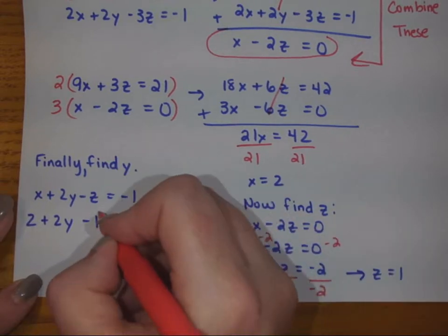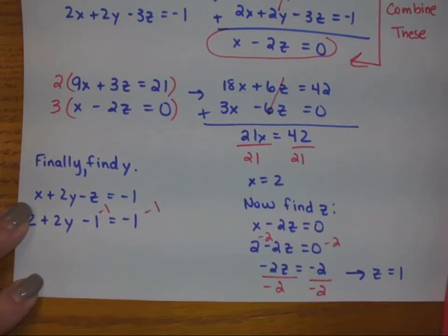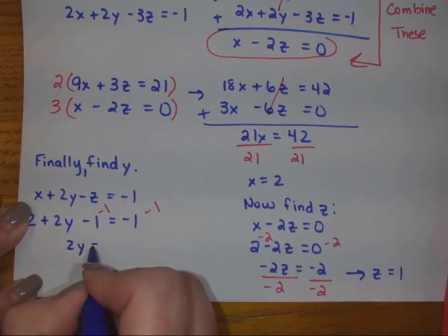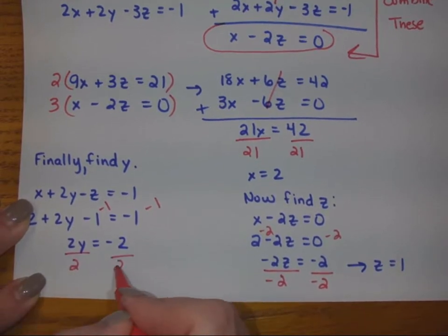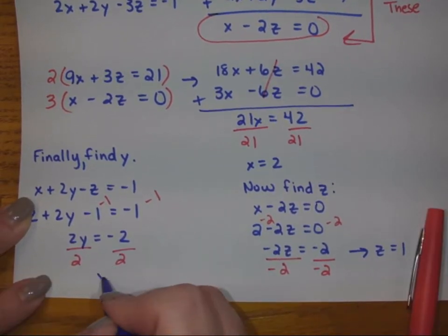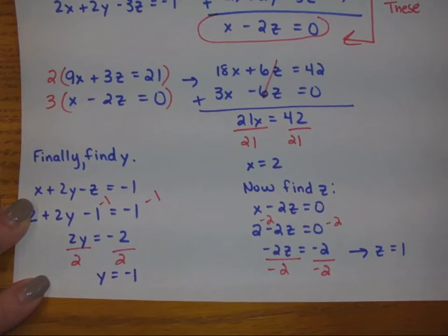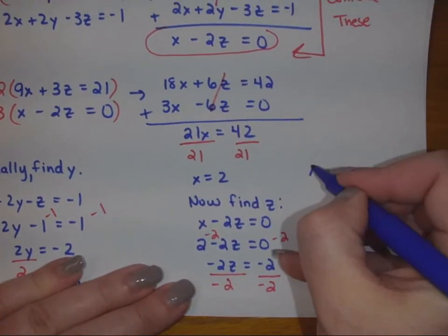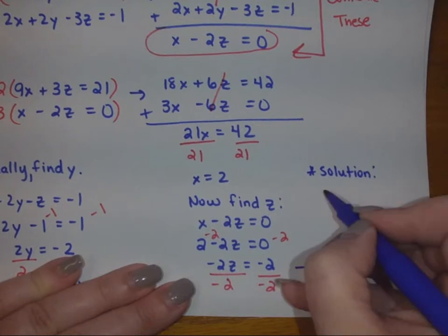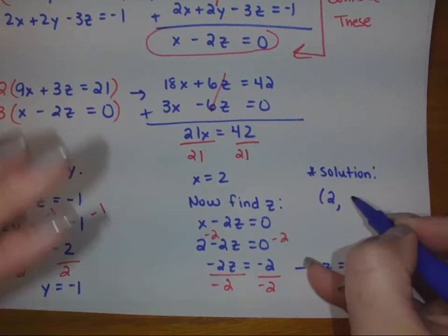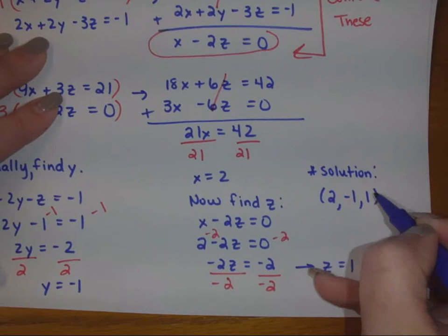To move that over, I'm going to subtract 1 from both sides. So 2y equals negative 2, and then divide both sides by 2. So y equals negative 1. The solution in x, y, z order was 2, negative 1, 1.